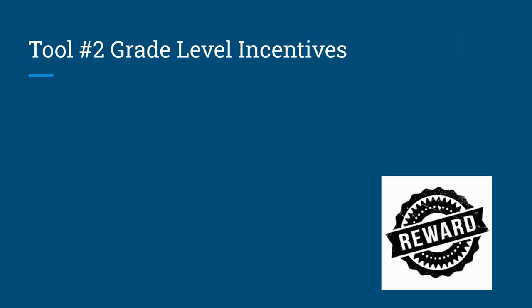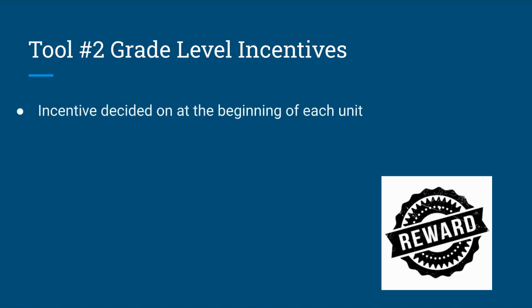Along with that, tool number 2 is grade level incentives. We know our students need some motivation to keep them going, to help them when some of our units get tough. We need that incentive that helps keep them motivated. So with grade level incentives, at the beginning of each of our math units, we pull them together again out in the Kiva.